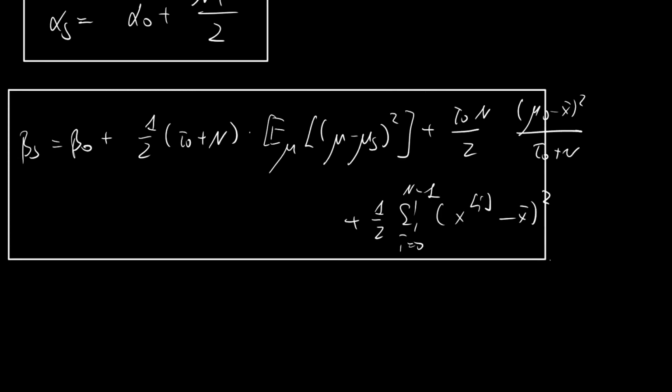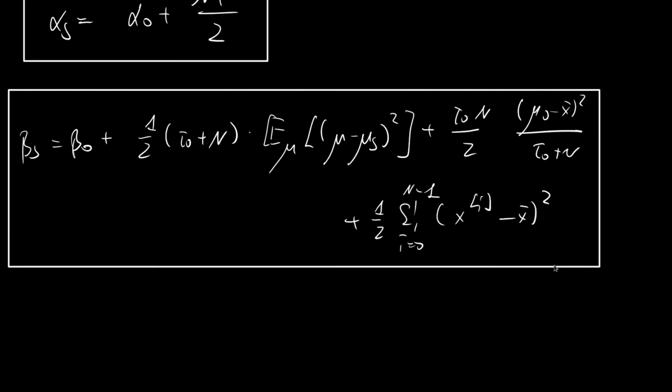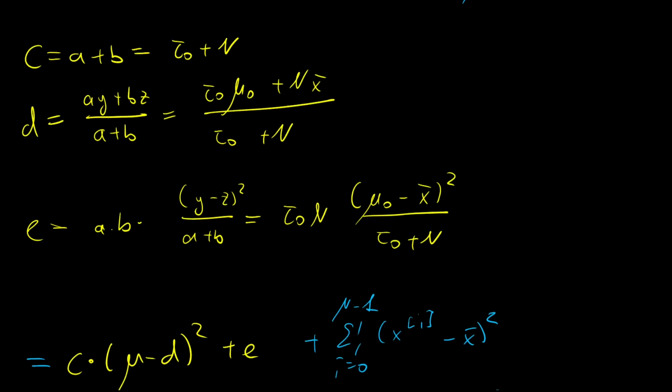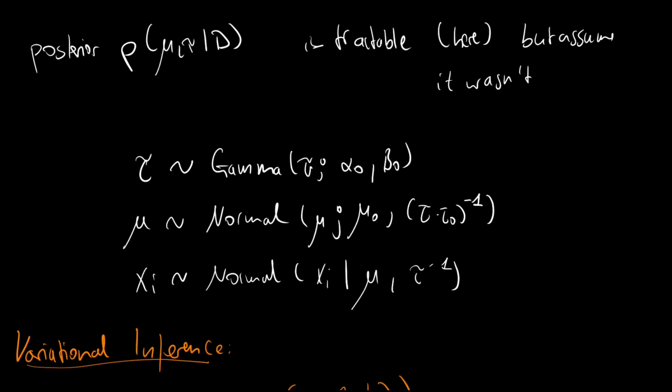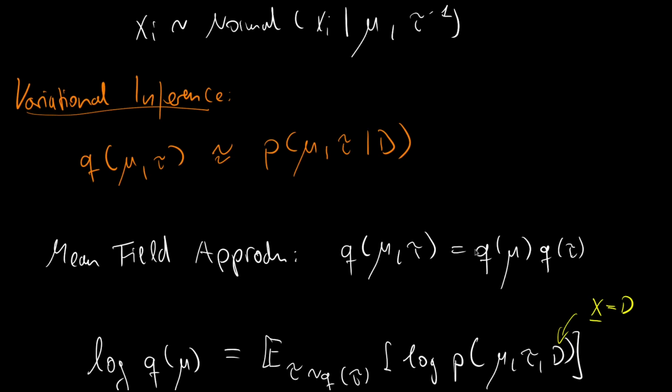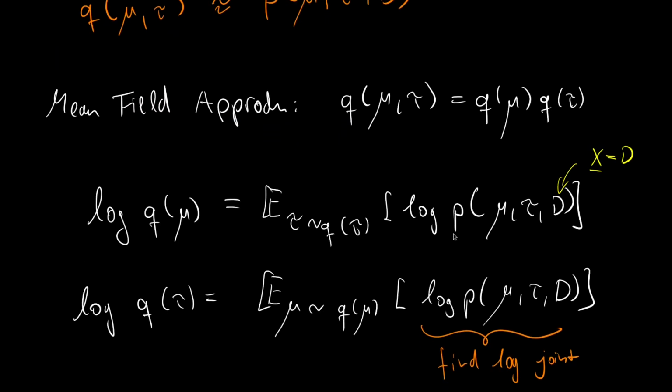And with this, we have done the mean field approach for variational inference on our particular problem. I want to emphasize this once again. If we go all the way back up here, we first made an assumption on the directed graphical model. Then we have latent variables, the parameters to our normal, and we want to perform variational inference. We decided on a mean field approach, just the product of two independent distributions, for which we derived a general result in an earlier video.